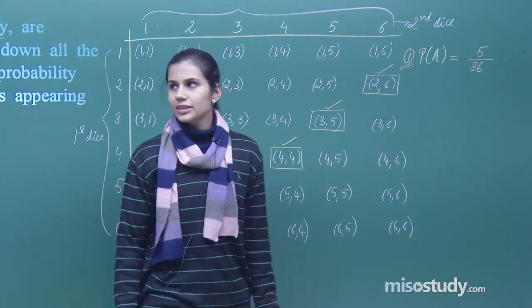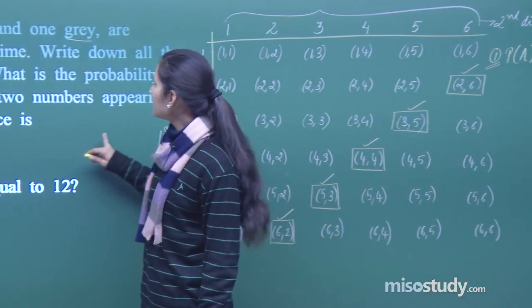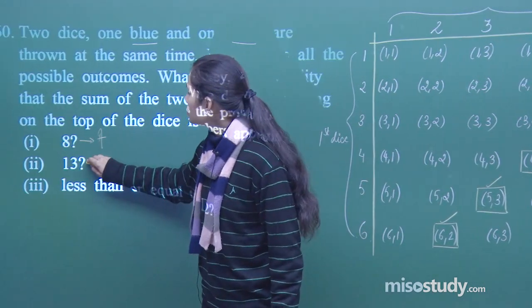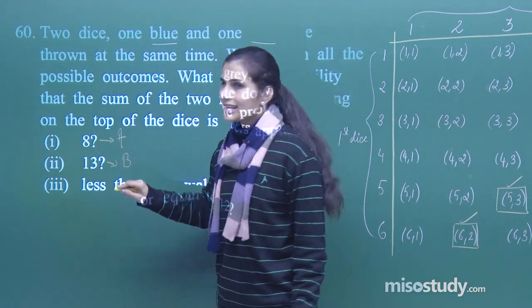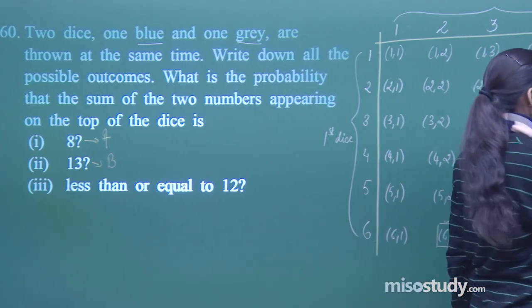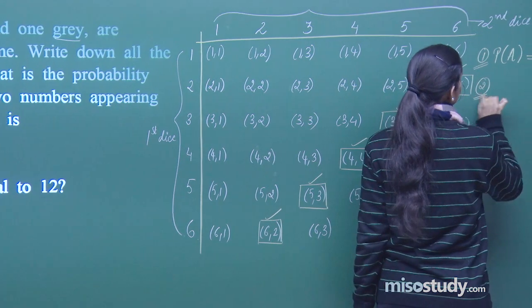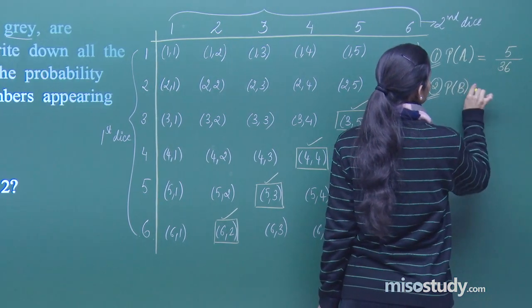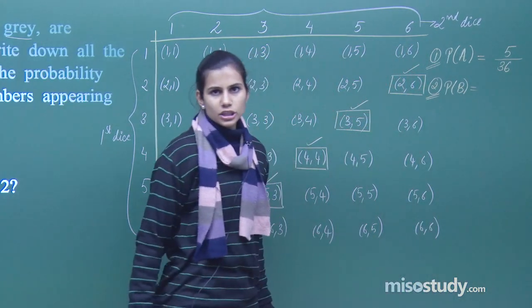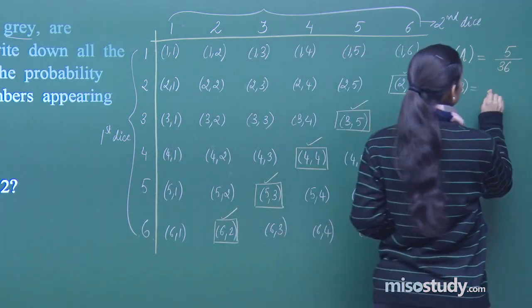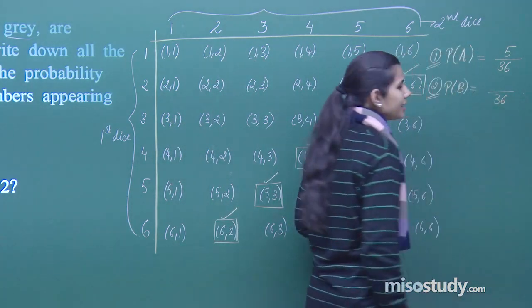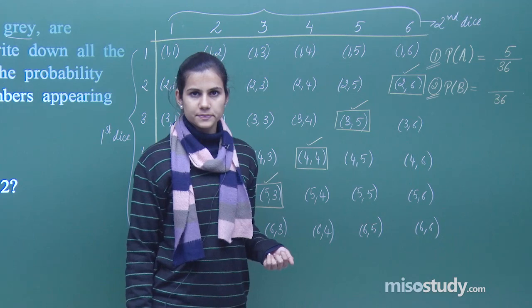Okay? After that, you have: what is the probability that the sum of the two numbers appearing on the die is equal to 13? So let me say that event I am keeping as event B. I have to find the probability of event B. Out of a total of 36 outcomes, how many are favoring my event B?